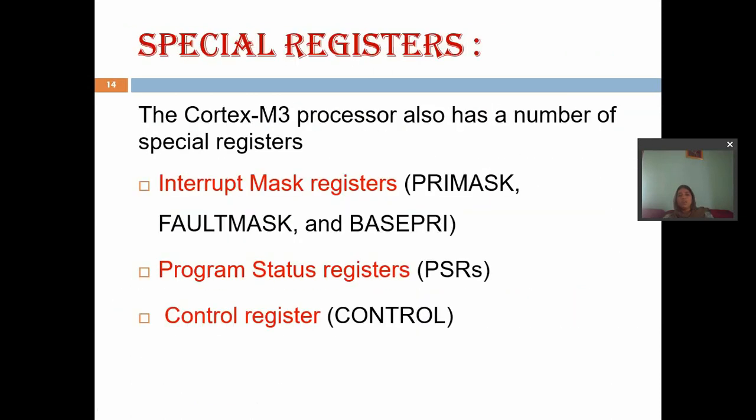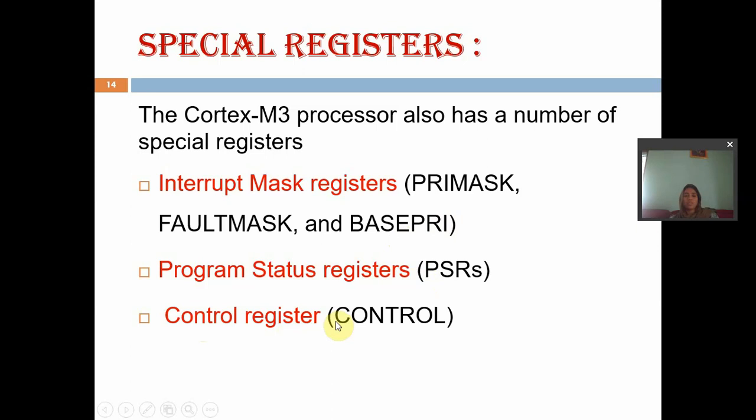The remaining special purpose registers in the Cortex M3 processor are the mask registers, which mask interrupts. There are three types: PRIMASK, FAULTMASK and BASEPRI. Next are the program status registers, which show the status of the flag register and the program.